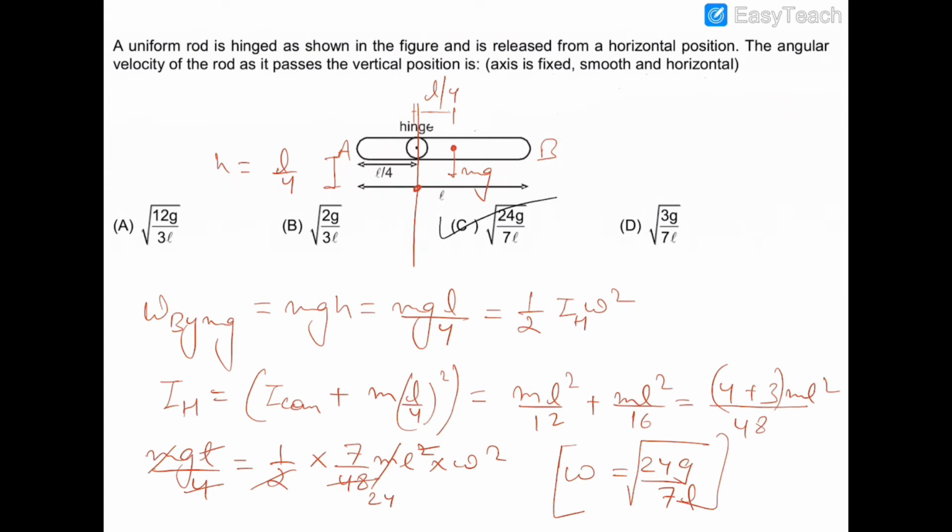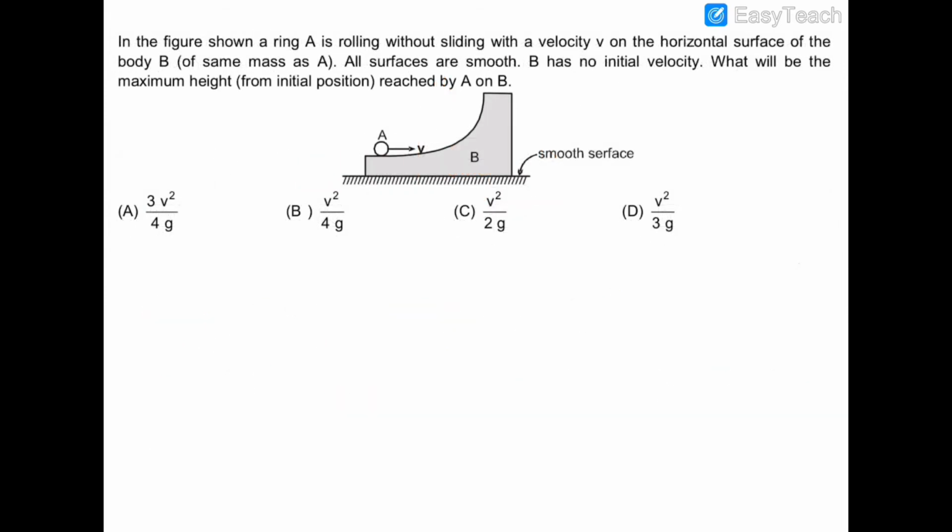Now let's move on to the next question. In this question, there is a ring whose mass is the same as that of this plank B, and this ring is given an initial velocity v, and it is rolling on this plank initially.